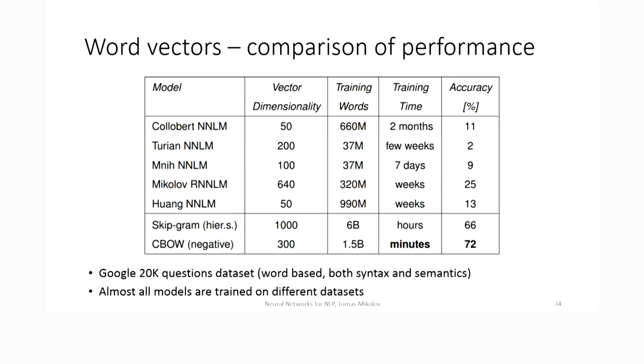Later we did find that actually around 300 is enough for the word2vec type algorithms. And then there are these two last lines, which are the architectures that I just described, the skip-gram and the CBOW architectures, and they basically go to hours or minutes while they reach a completely different level of accuracy.